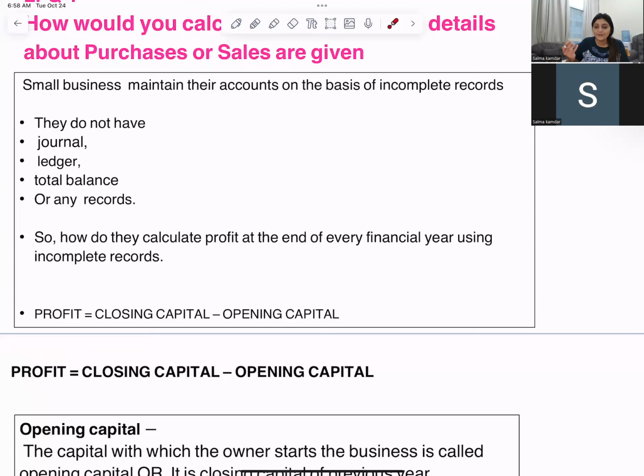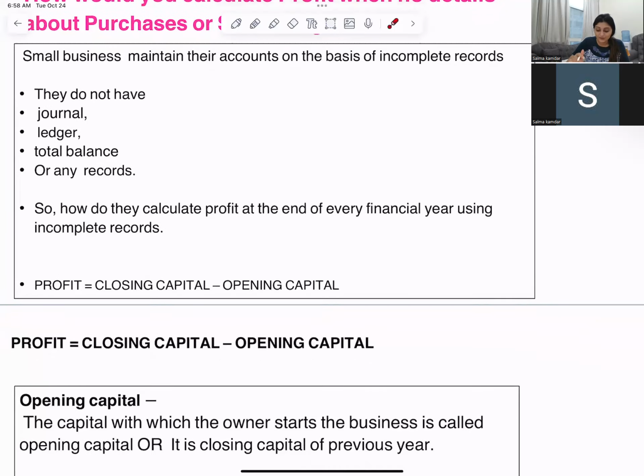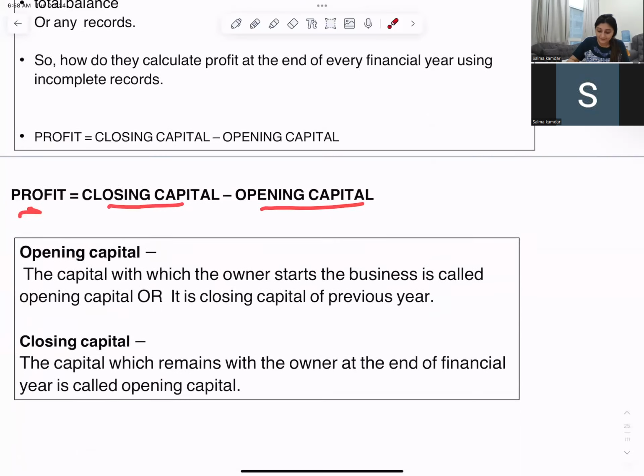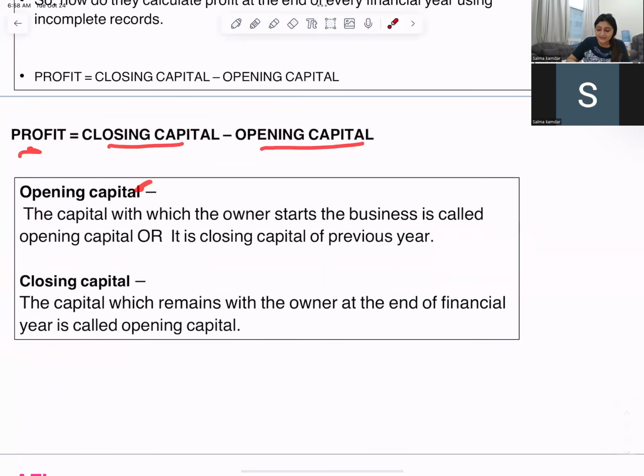I only know that I started my business with this amount. At the end of the year, I have this amount. So what I am left with is profit. So profit is closing capital minus the opening capital. Opening capital means the money with which the owner starts the business, and closing capital means the money which the owner has at the end of the year.